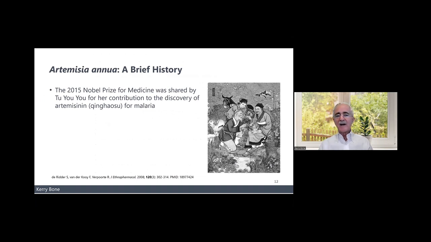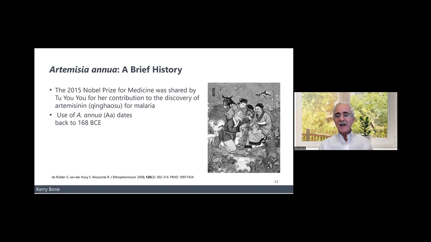And for the first time in phytochemistry, the Nobel Prize for Medicine was shared by Tu Youyou for her contribution to the discovery of artemisinin for malaria. So it's never before happened that someone who has isolated and worked on a plant compound has won a Nobel Prize in medicine until her great contribution.